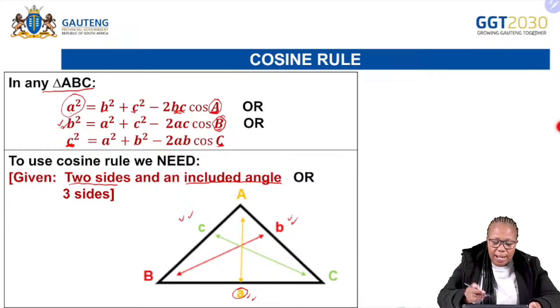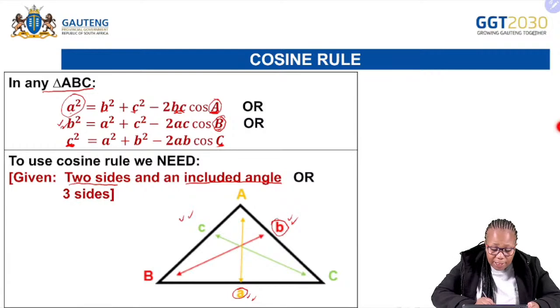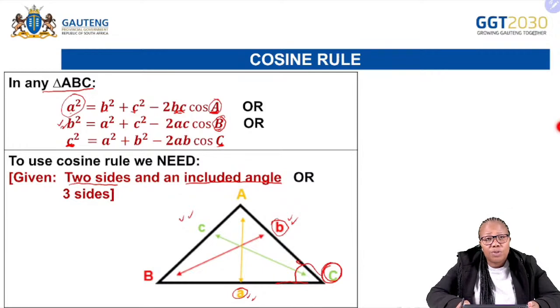It must be an angle between. For example, let's say we are given a and b. The values of a and b are given to us, two sides given. So the angle that is included must be angle C, which is between the two sides given to you. So that is when you can use a cosine rule.